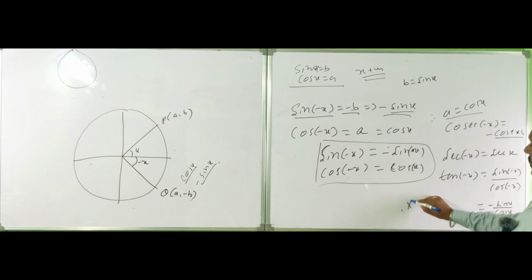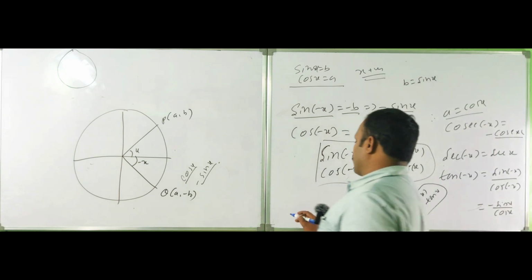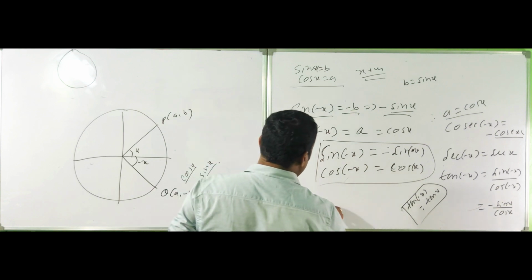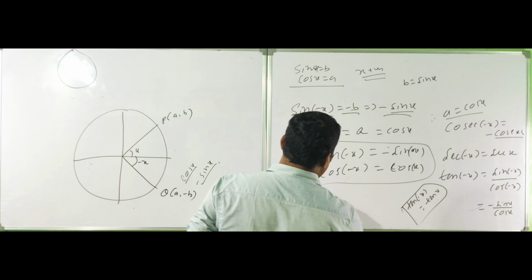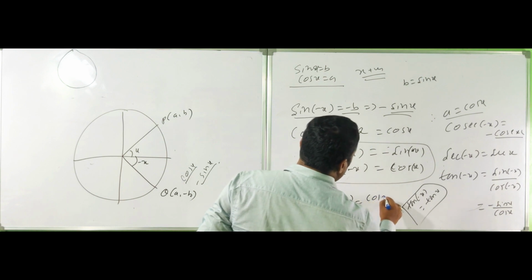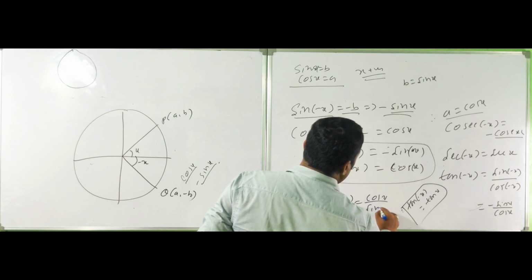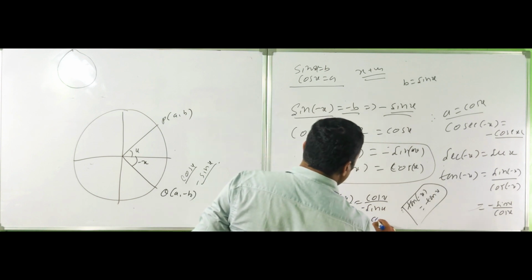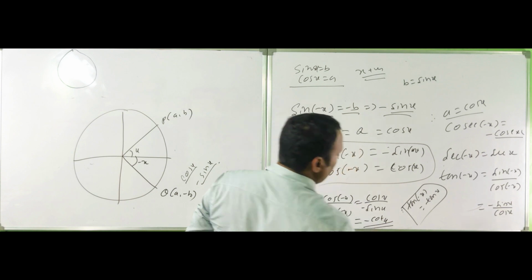Therefore, tan of minus x is equal to minus tan x. Similarly, cot of minus x is equal to cos of minus x divided by sin of minus x, which is cos x divided by minus sin x. This becomes minus cot x.